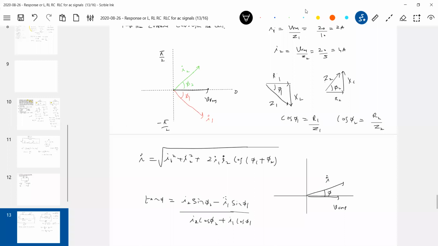You see this tan phi. This is the phase angle of the circuit. If you know the phase angle tan phi, you can bring cos phi. The power factor of the circuit also you can bring.